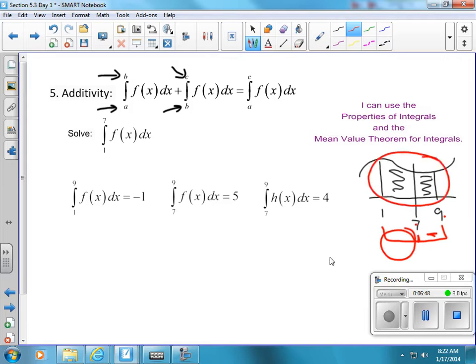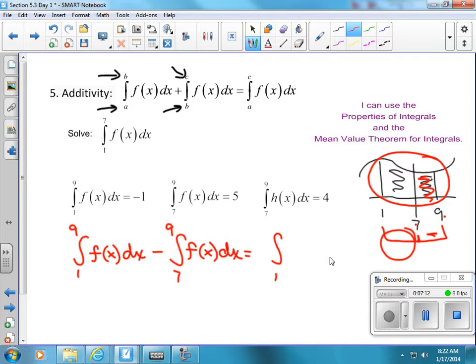Because if we take this whole area, subtract this, we have what 1 to 7 is. So that's what we're going to do. The area under the curve from 1 to 9, always think of your integrals as area under the curve, minus the area of 7 to 9 of the same function. That should give us our answer, 1 to 7.